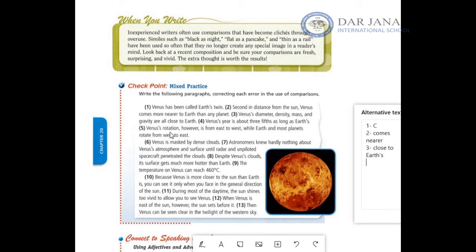This means that the comparison is not between Venus and Earth, it's between Venus and other members of the same group. So, in order to avoid this confusion, we need to add the word other here: Earth and most other planets, meaning Earth and other planets in the same group as Venus. So the correction is to add the word other.